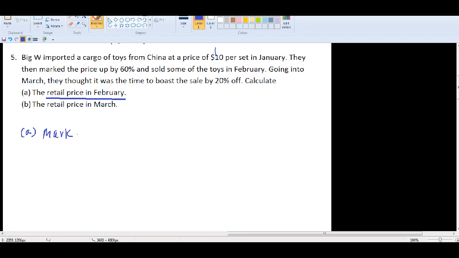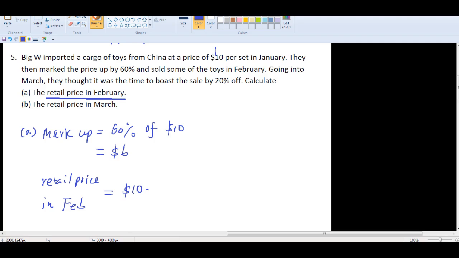You need to find the markup, which will be 60% of that $10, which is $6. Sorry for my handwriting. So the retail price for February should be $10 plus $6, which is $16.